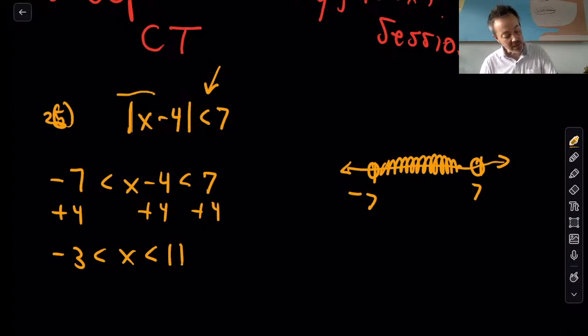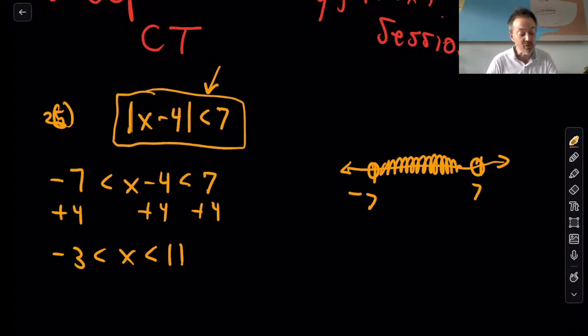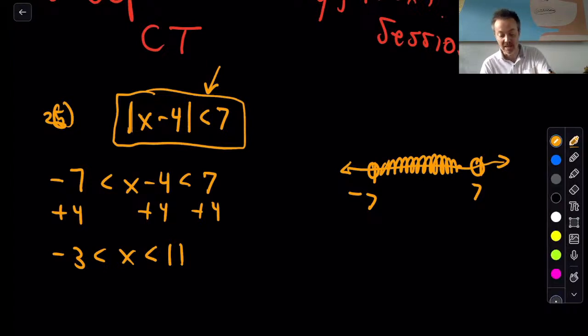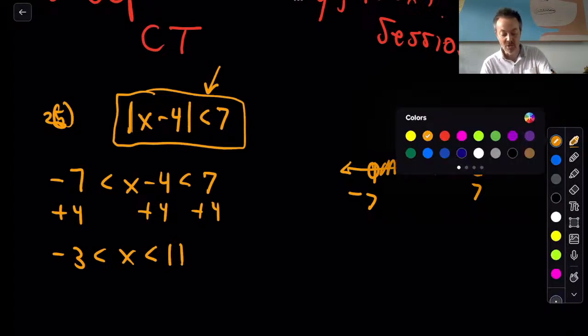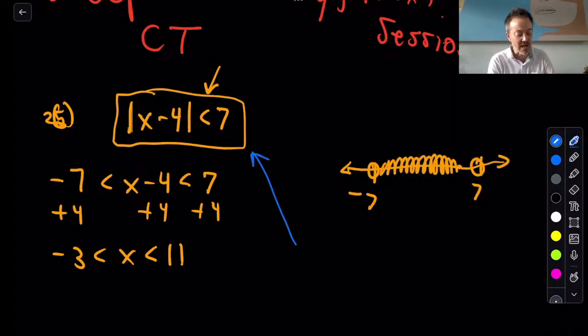And notice we can interpret this absolute value of x minus 4. This is the important thing. I think sometimes people don't point this out or don't really think about it. I know I didn't at first. What does this absolute value represent?